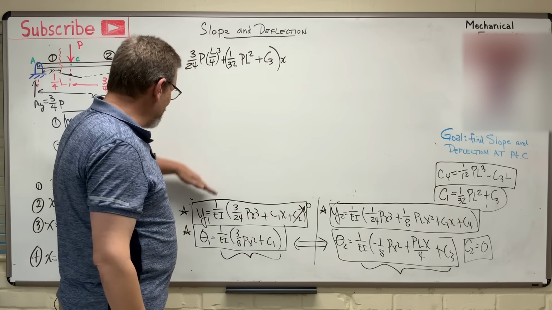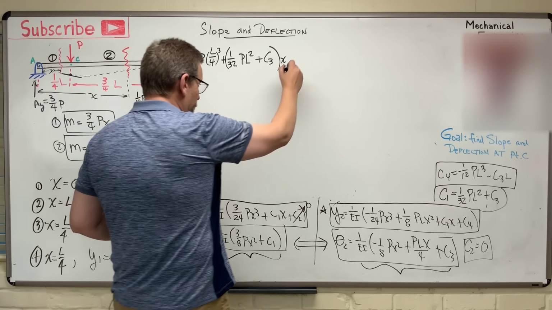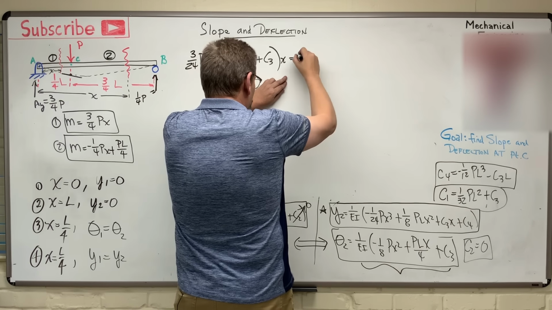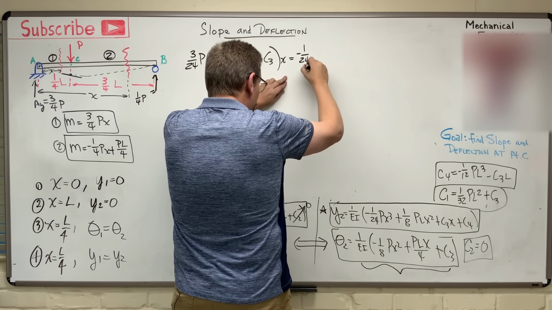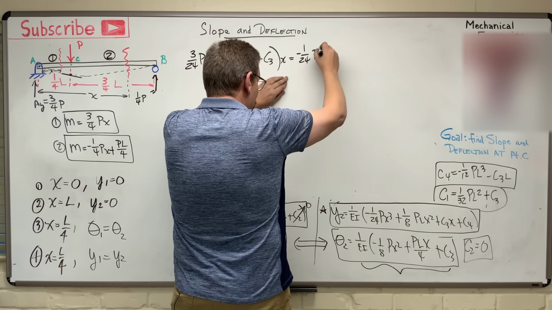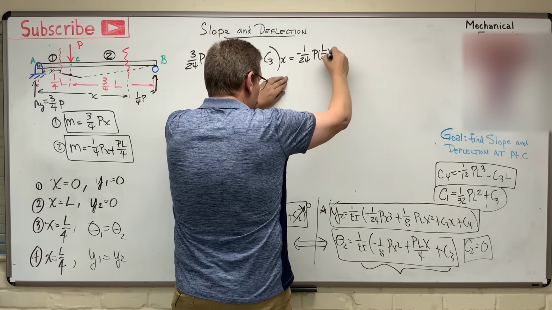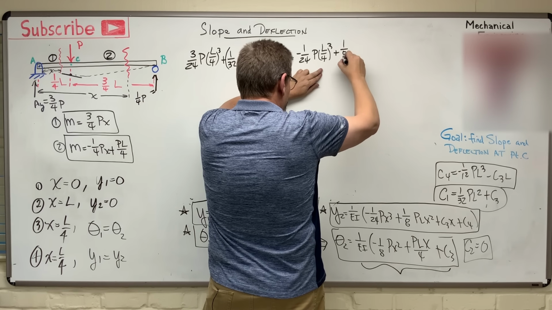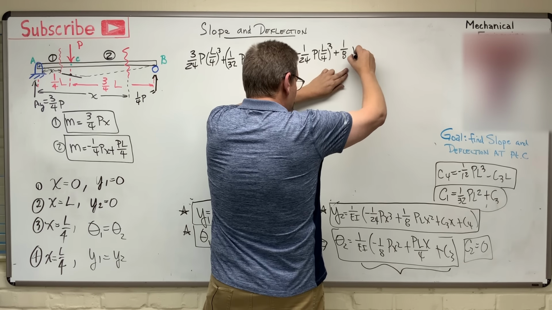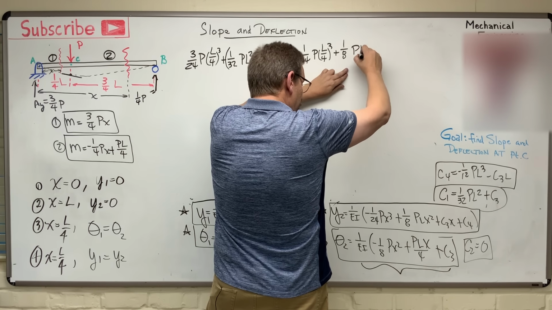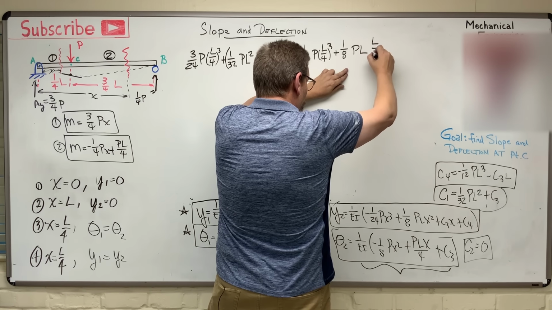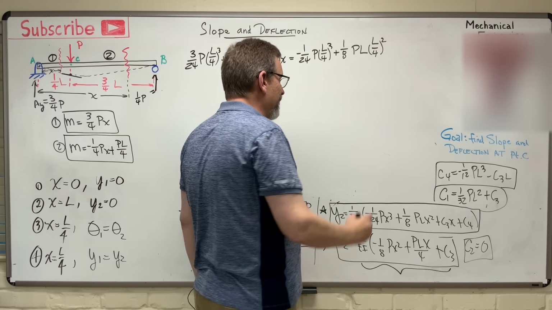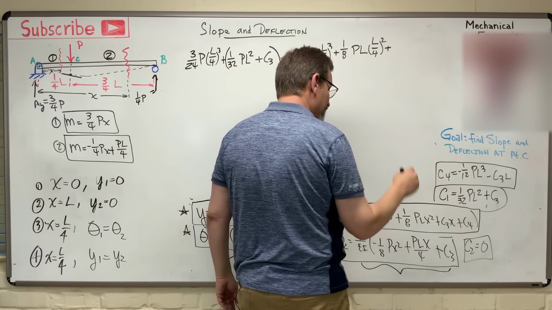So that's one side, that's the y1 equals. Here comes the y2 part. What's left? Minus 1/24 P, L over 4 all cubed, plus 1/8 P, L over 4, this time it's squared, plus C3 plus C3x.